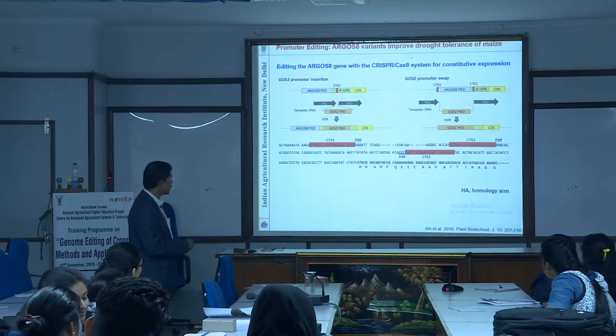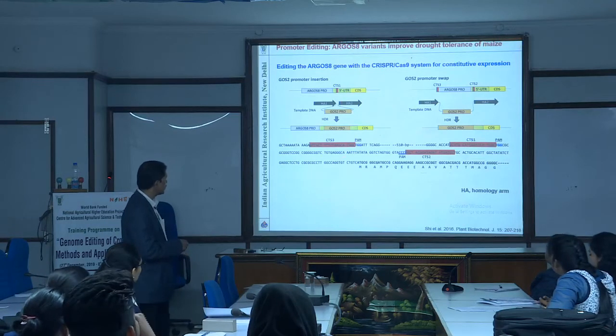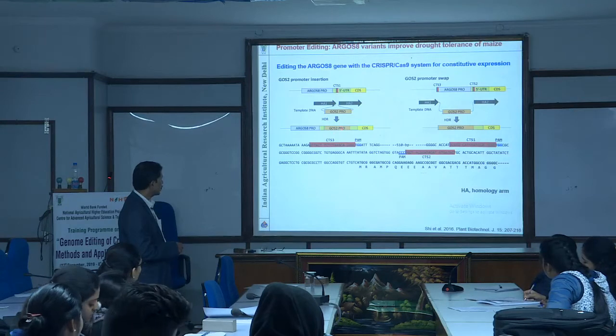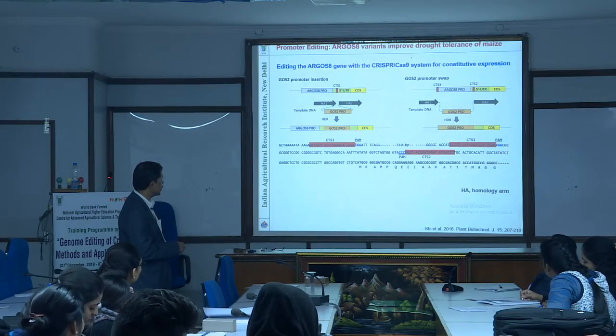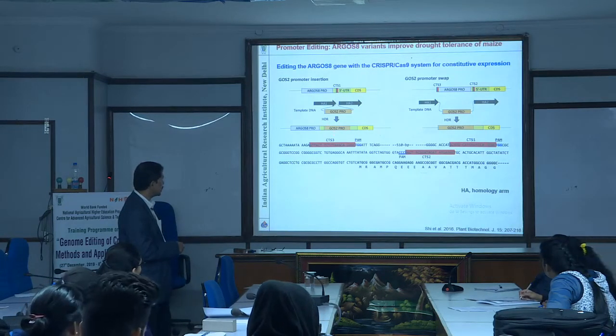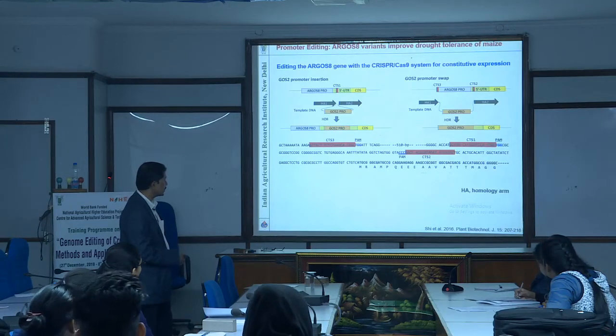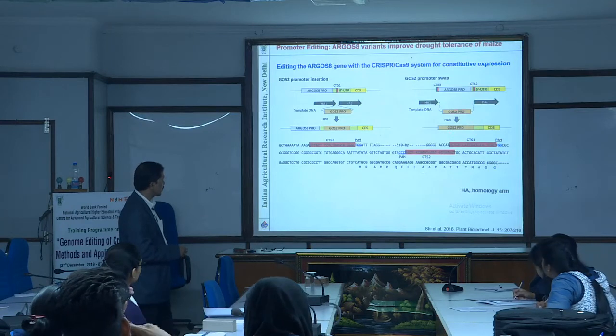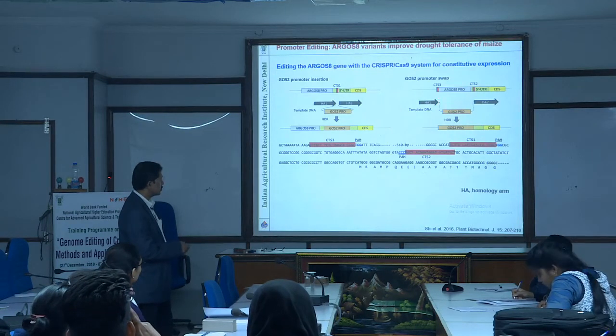And by using the homology dependent repair pathway, they could develop both kinds of plants, that is, the GOS2 promoter is inserted in the beginning of the 5' UTR, and then it can drive the gene expression, or they replaced the Argos 8 promoter with the GOS2 promoter. So both are from the maize.